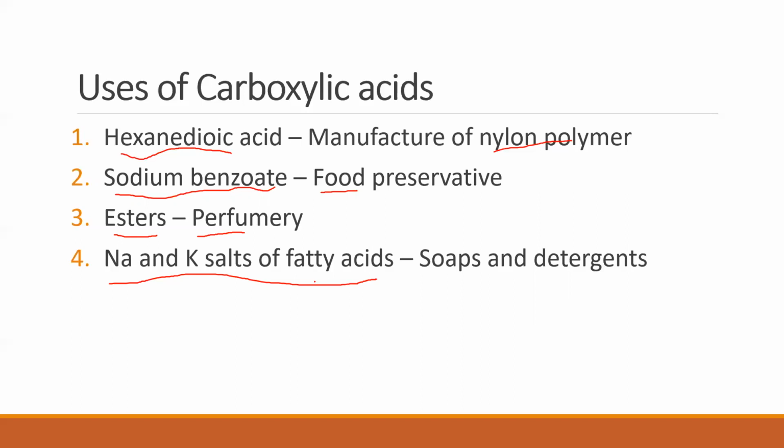Sodium and potassium salts of fatty acids are used in the manufacture of soaps and detergents, which is again something that you'll study in the chapter chemistry in everyday life that you would have studied before. Soaps and detergents are commonly used extensively by us on a daily basis. So this slide just basically tells us how carboxylic acids are important to us and why we need to study them.